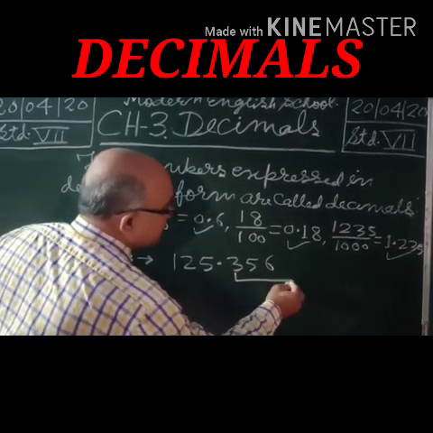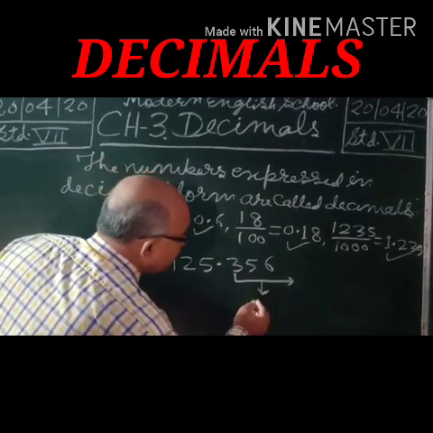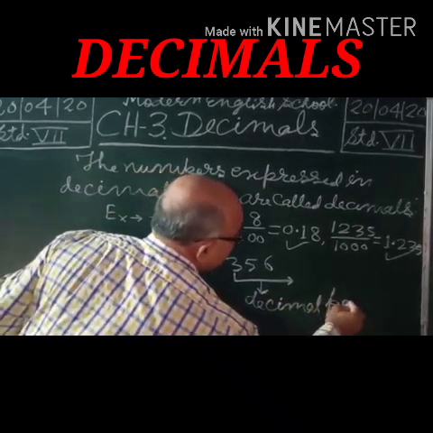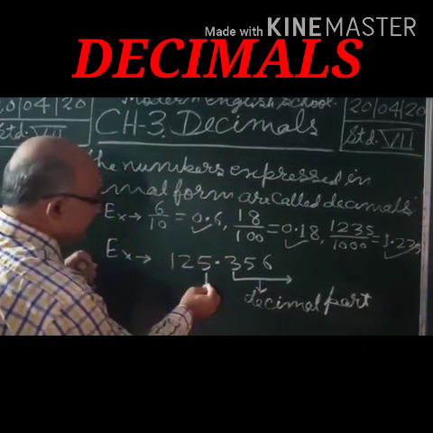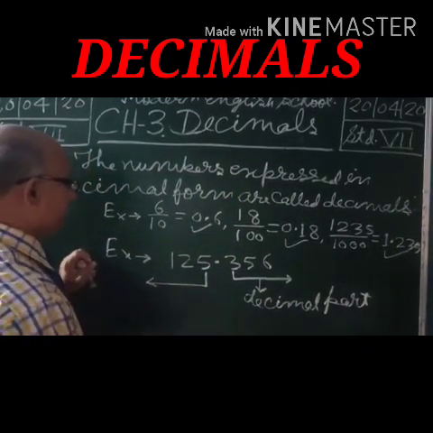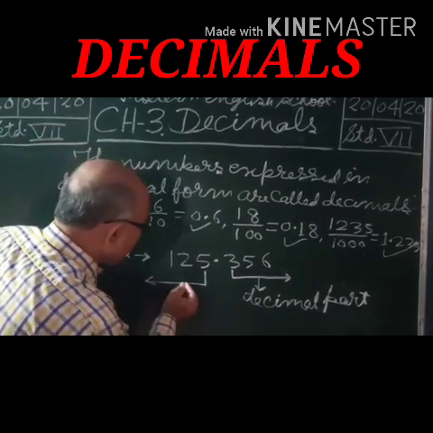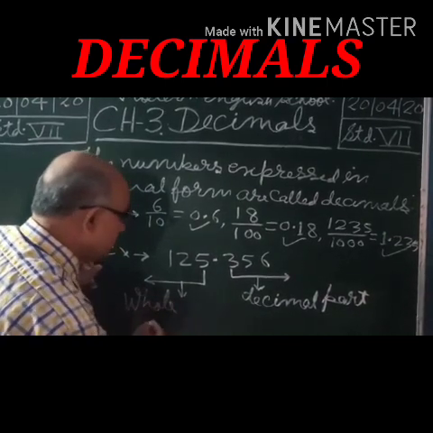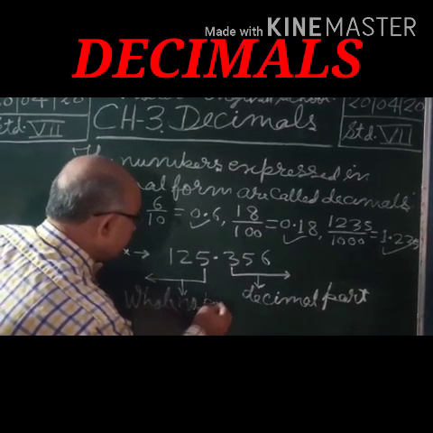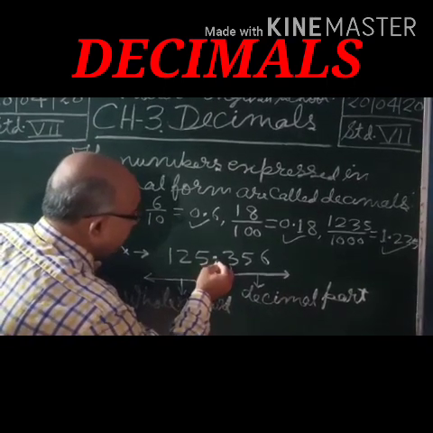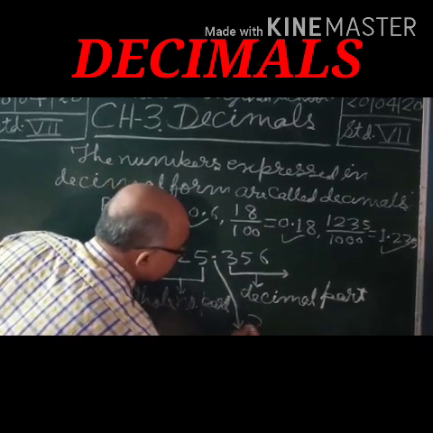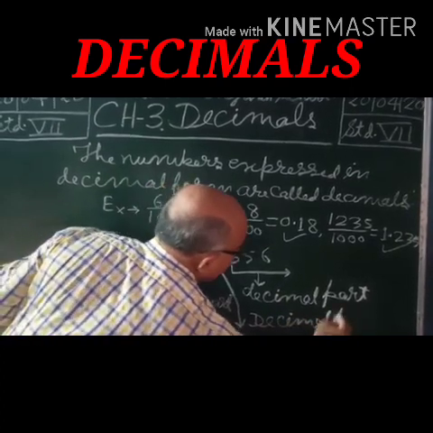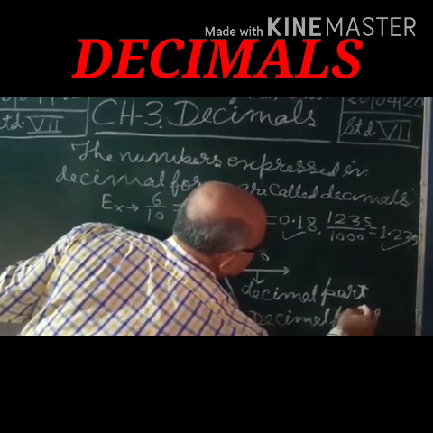So 356, this is called decimal part, and the left side is called whole number part, and the dot point is called decimal point.